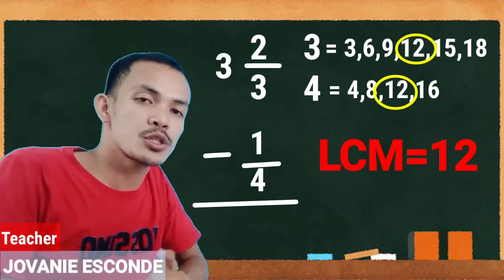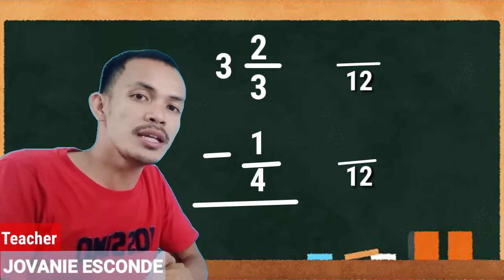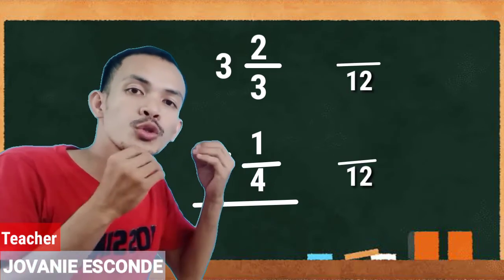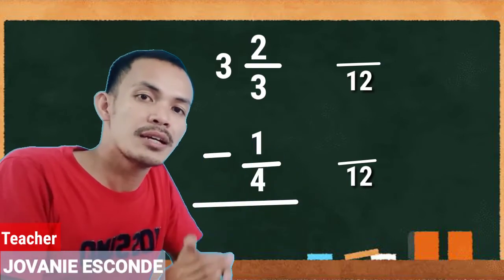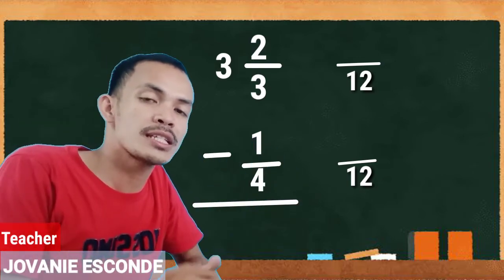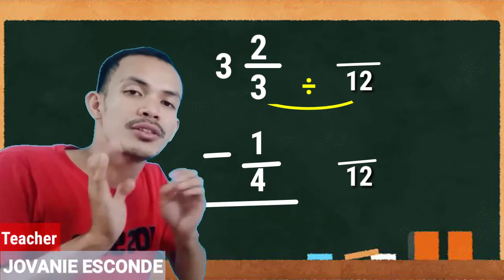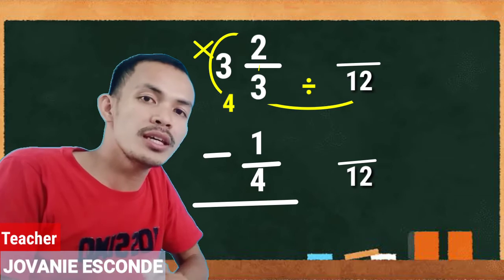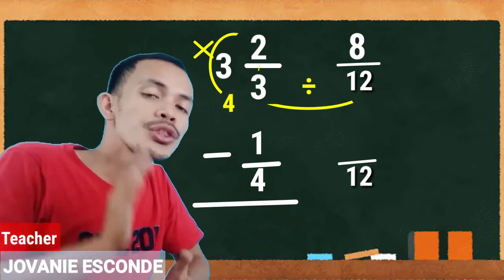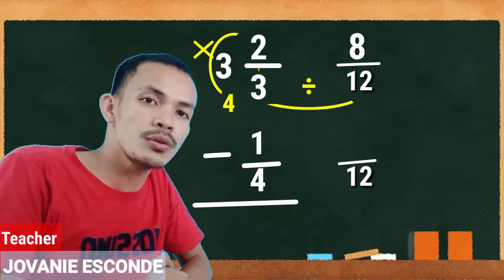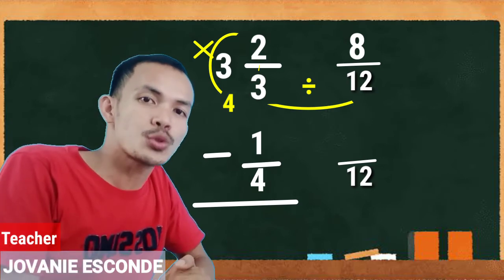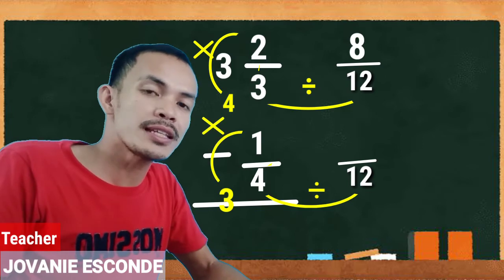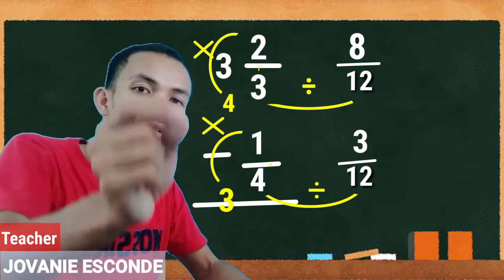So since the LCM is 12, our LCD also here is 12. So we need to divide the LCD by the original denominator. So let's have first 12 divided by 3 is 4. And 4 times 2 is 8. So 2/3 is equivalent to 8 over 12. So next is 12 divided by 4 is 3. 3 times 1 is 3.